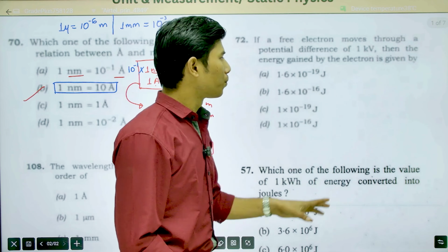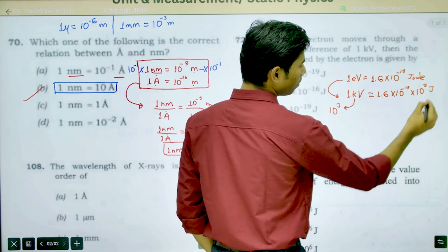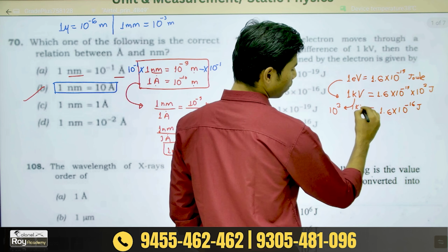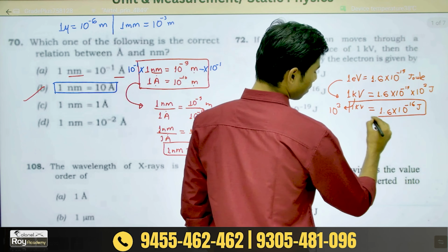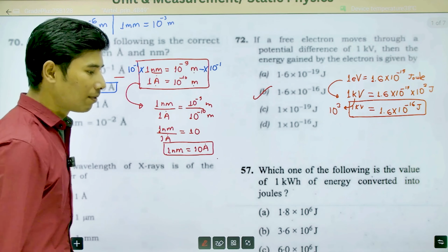What is kilo? It is 10 to power 3. Wherever there is a kilo, we can write it as 10 to power 3. So we multiply 1.6 into 10 to power minus 19 into 10 to power 3 joule, which is equal to 1.6 into 10 to power minus 16 joule for 1 kilovolt. That will be our answer, option B.